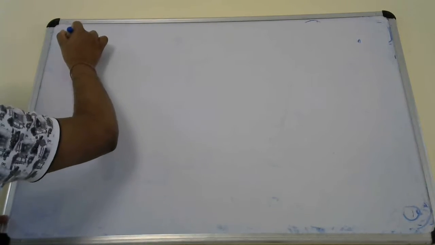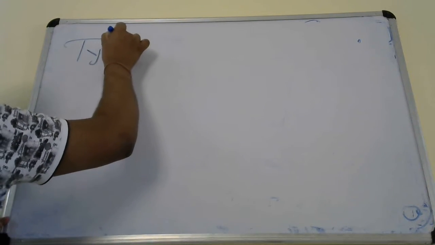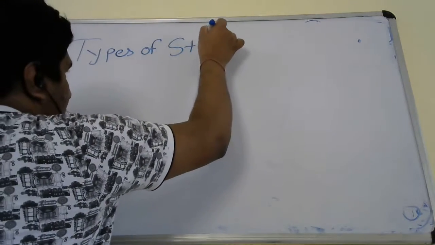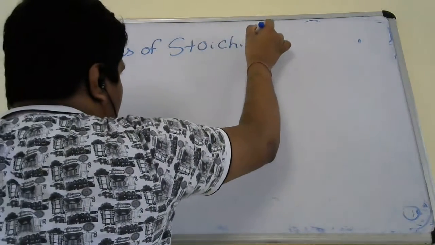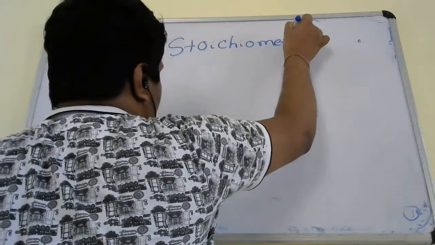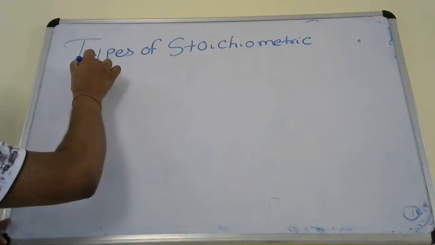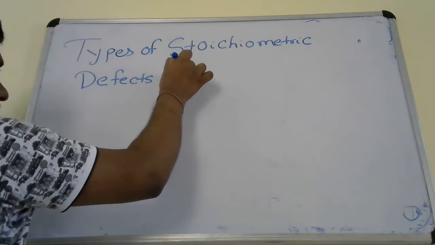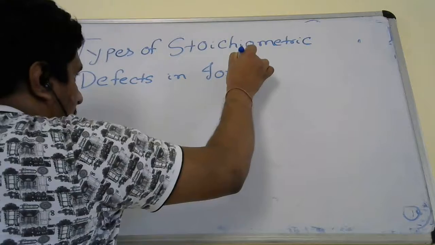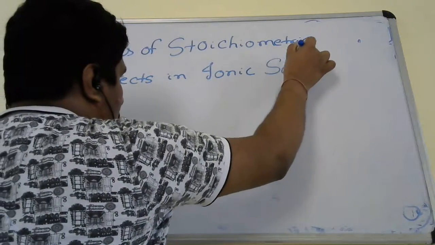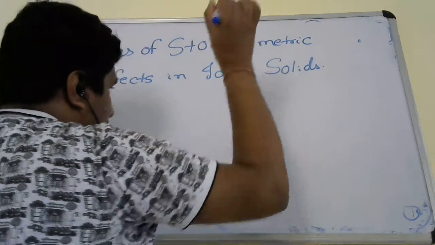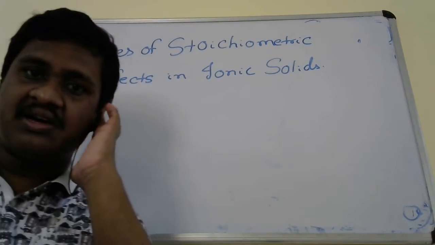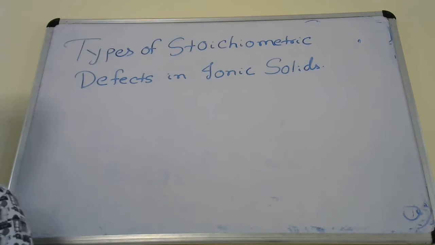The heading is: types of stoichiometric defects in ionic solids.